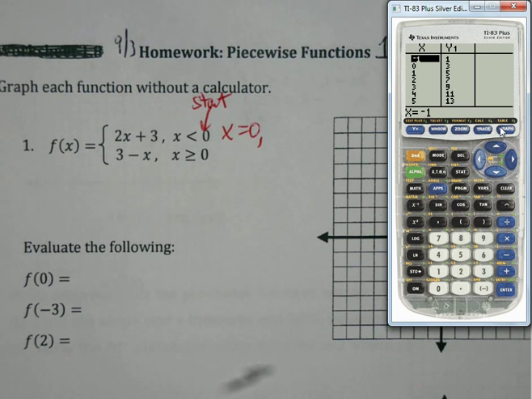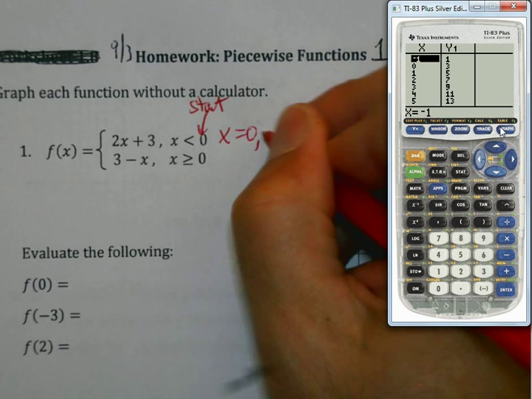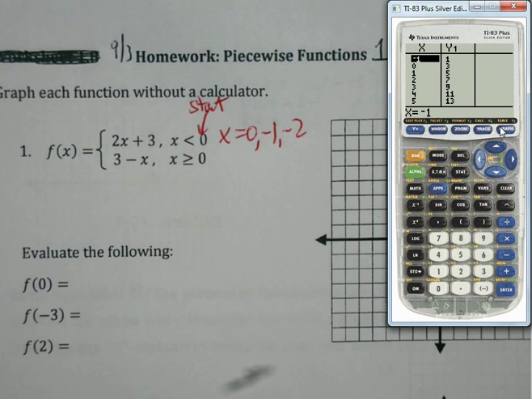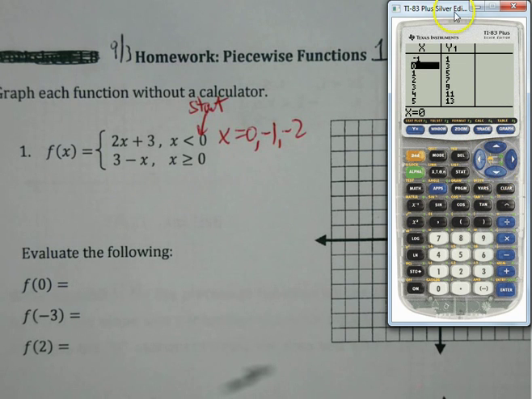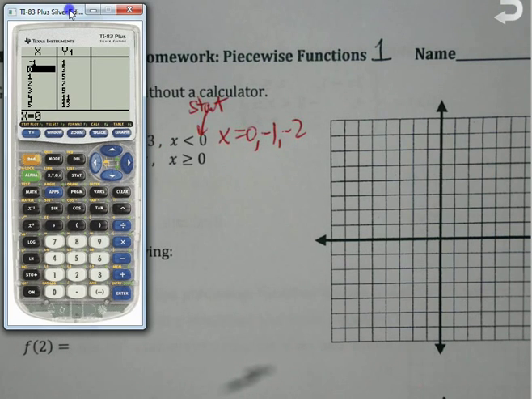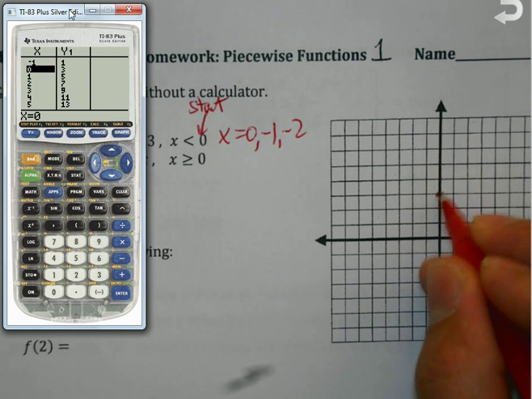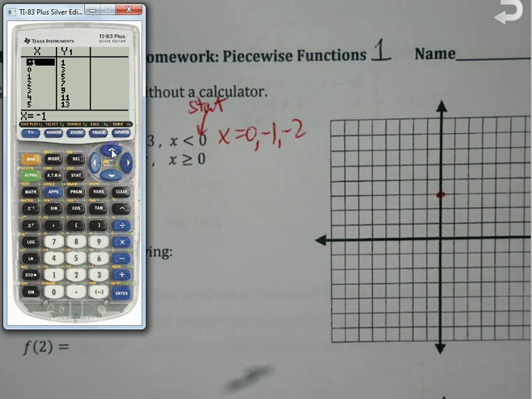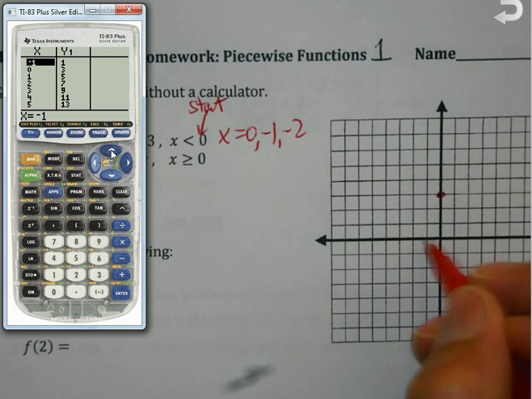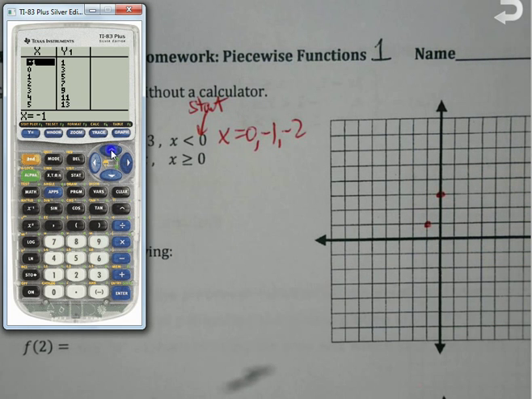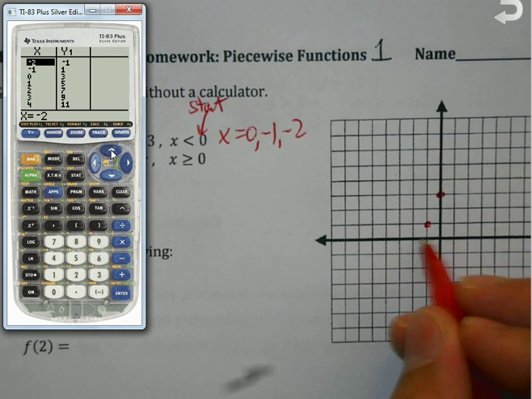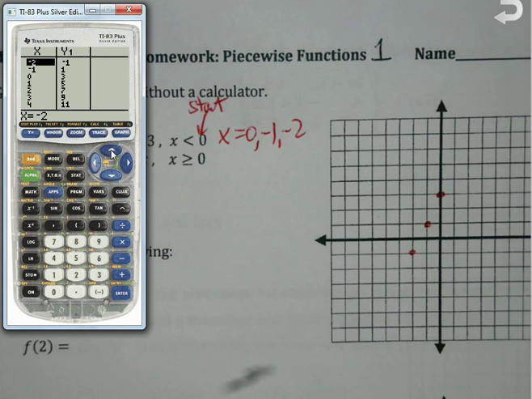What are my other two numbers going to be? Negative 1 and negative 2, because we're going left when we're doing less than. So I go and I'm like, all right, swing this over. So we're going to be at 0, 3, negative 1, 1, and negative 2, negative 1. Okay.